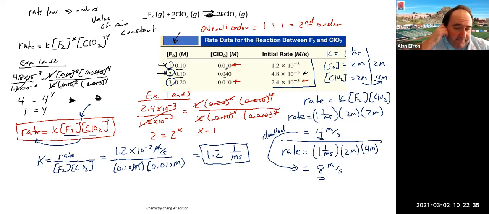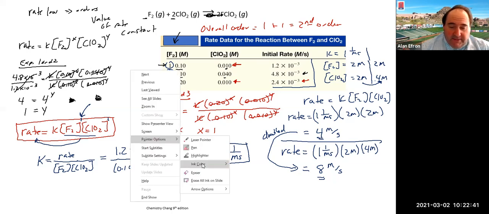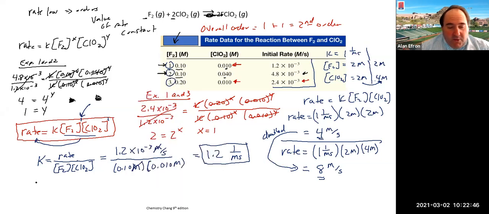So for example, if we had this same one here where, let's just say the rate law that we came up with was that the rate is equal to K F2 and ClO2 squared, let's just say, for example. Obviously, it's not in this case, but we'll just say that we came up with this as our rate law.